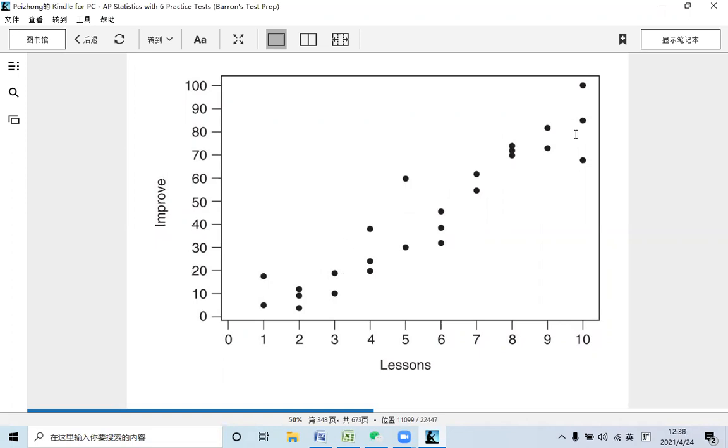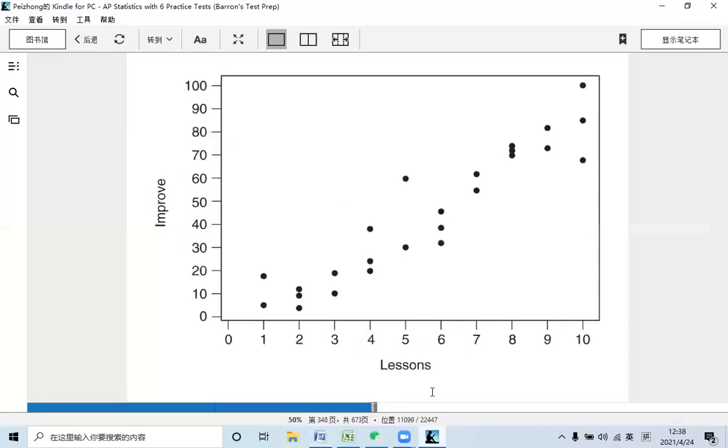And there's a lot of variability among these people. Of all this variability in the improvement, what percentage can be accounted for by the number of lessons they take?